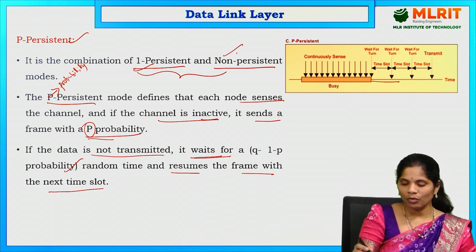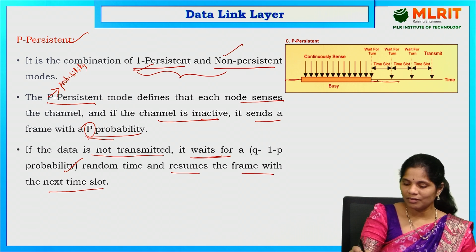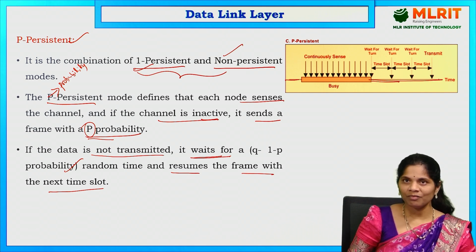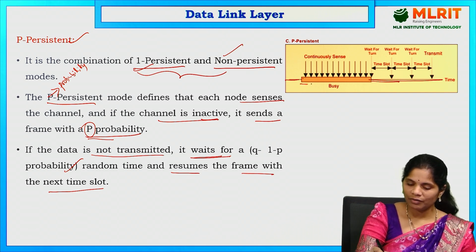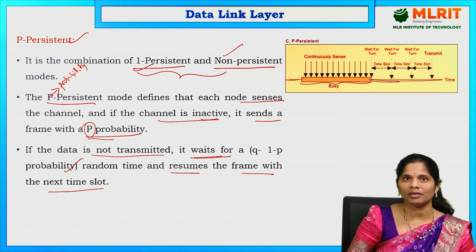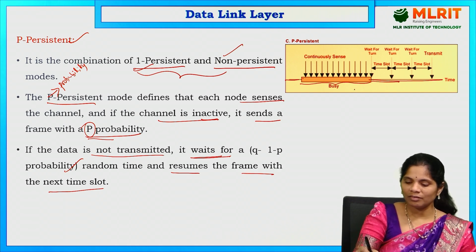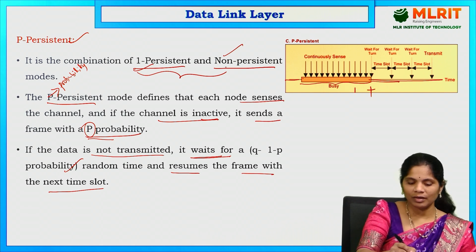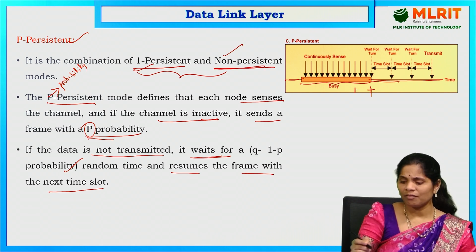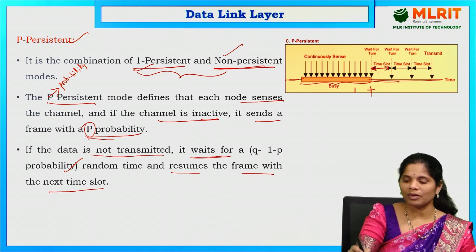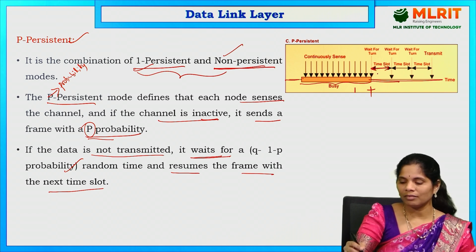It is a combination of one persistent as well as non-persistent. In this picture, see here, this is the channel. First it will continuously check, that is the one persistent. And afterwards, non-persistence means it will wait some random amount of time and check again; if busy, again it will check after some random amount of time.